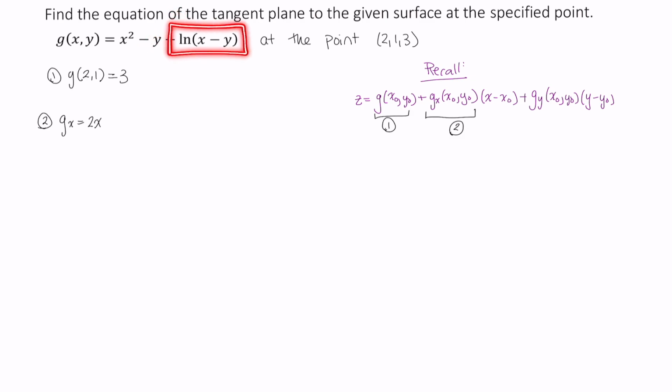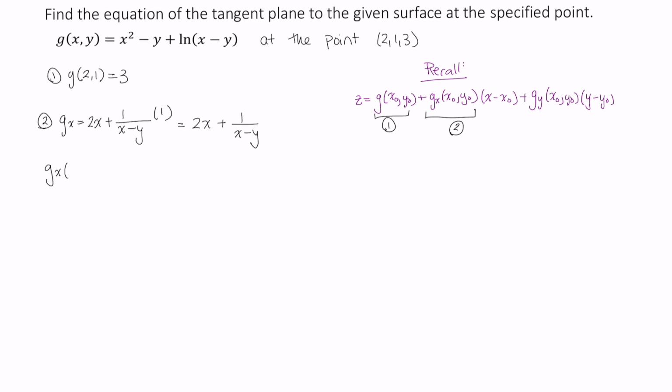The derivative of the natural log of x minus y, well, that is going to be 1 over x minus y times the derivative of x minus y, which is 1 for x and 0 for negative y, so that's just a 1 here. So this is 2x plus 1 over x minus y.